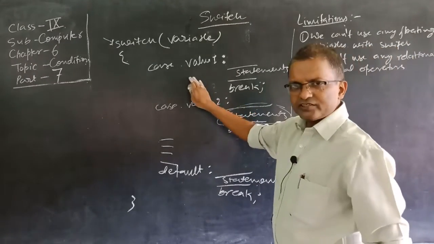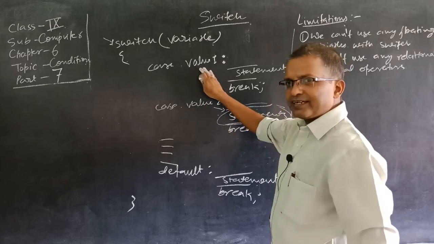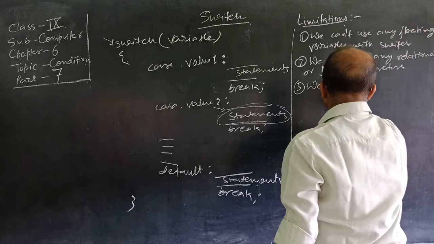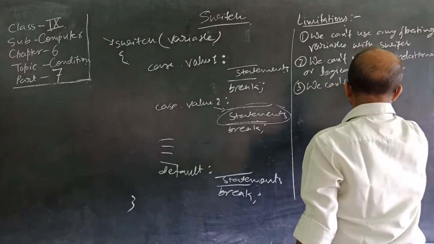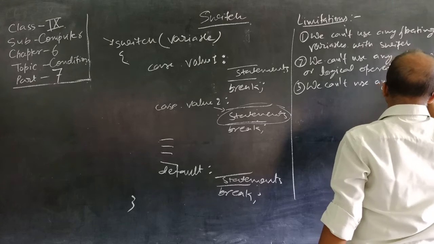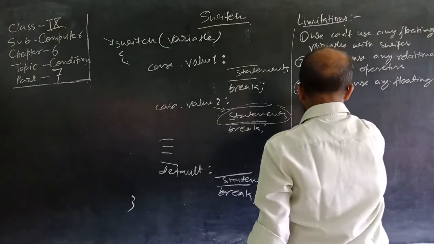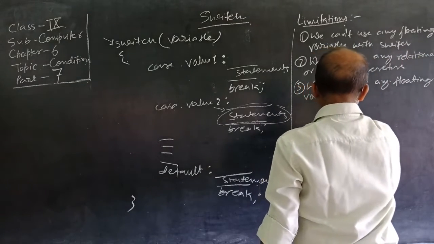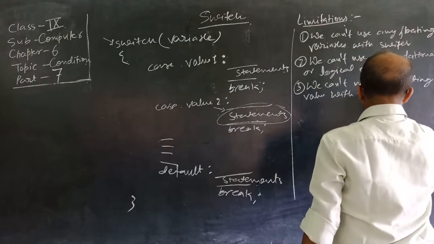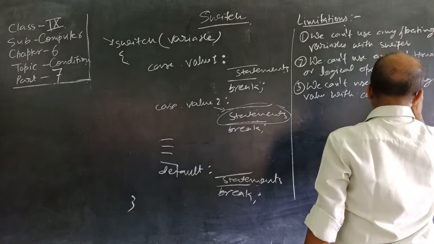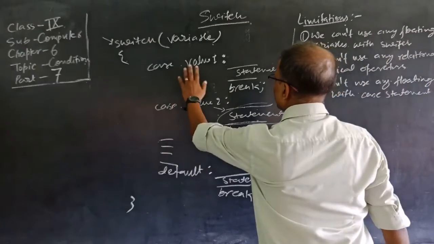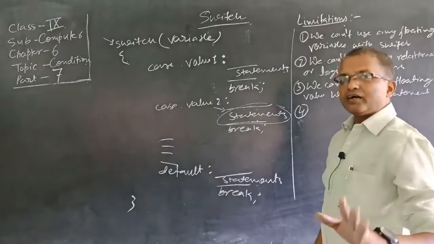Third, now come inside case. The value to be used cannot be any floating type value. We can't use any floating value with a case statement. And fourth, here in place of the value we can't use any variable.